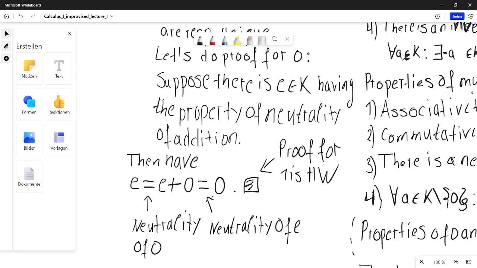And that was by shift of perspective. That was the thing to which the neutrality of 0 was first applied. And then, by shift of perspective, this was suddenly the thing of which the neutrality was applied, and it was applied on 0. All right. Proof by shift of perspective. Good.